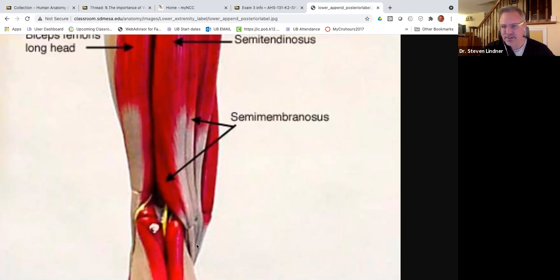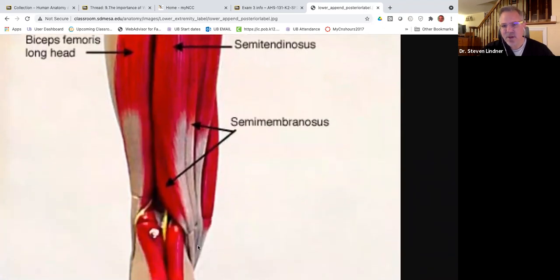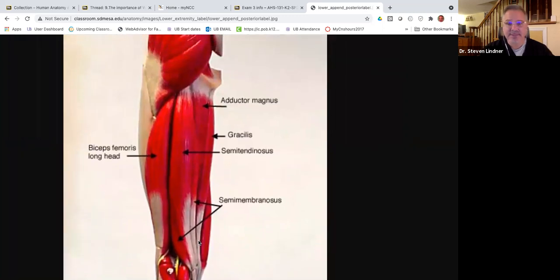It's the sartorius, the gracilis, and the semitendinosus. So sartorius, gracilis, and semitendinosus all insert right there on the pes anserine, which is medial to the tibial tubercle and slightly posterior. So we can see that better from a medial view, and I'll make sure I show that to you in a second.